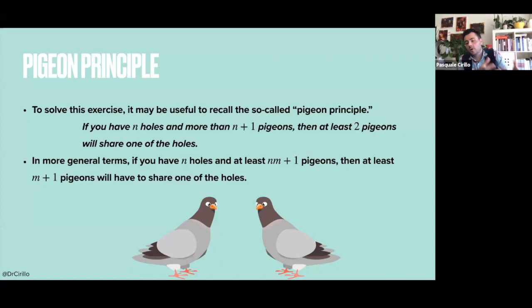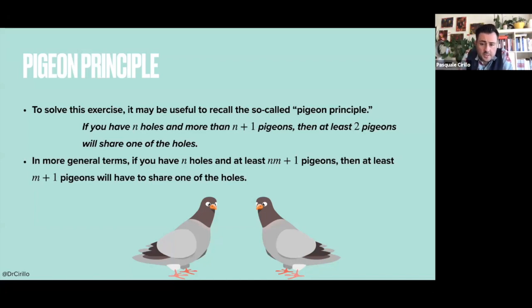We are speaking about integer quantities, so you cannot have half a pigeon. If you have n holes and at least n plus 1 pigeons, then, and this is an intuitively trivial result, there will be a hole with at least 2 pigeons. This is the basic result.